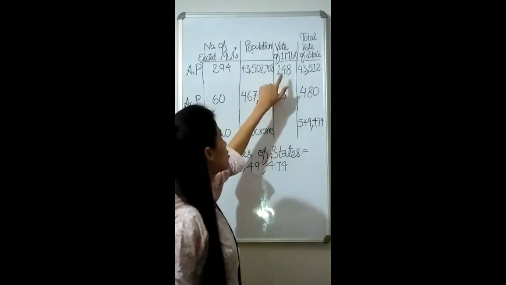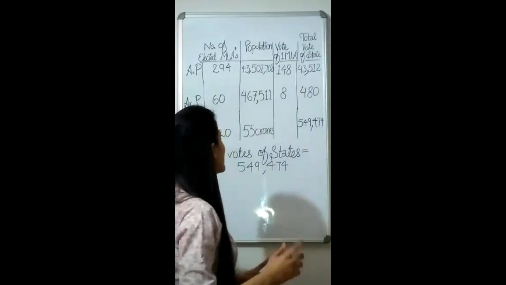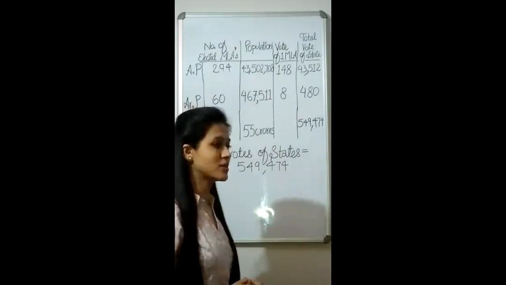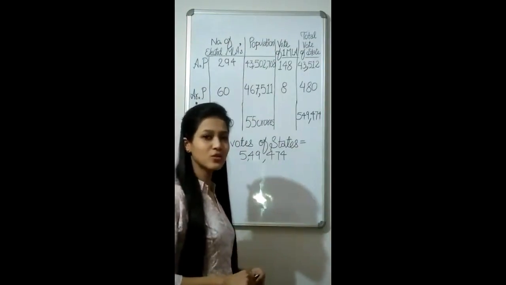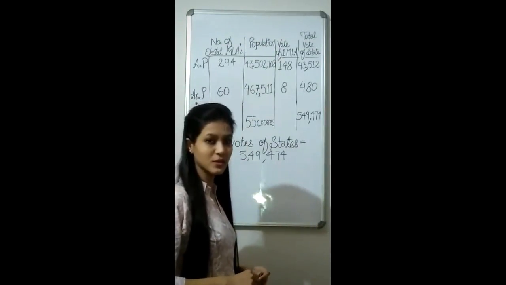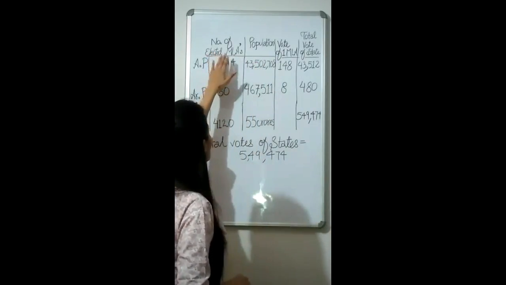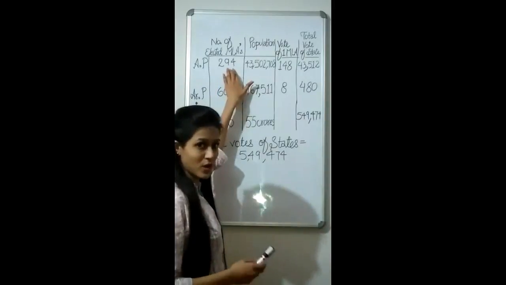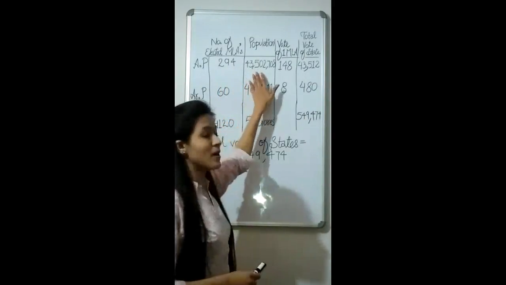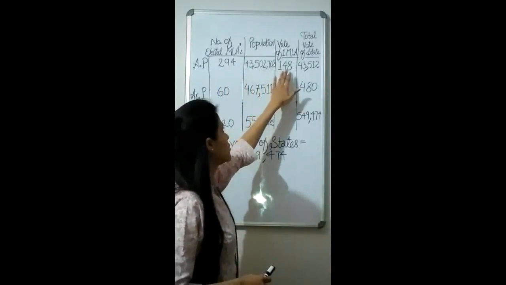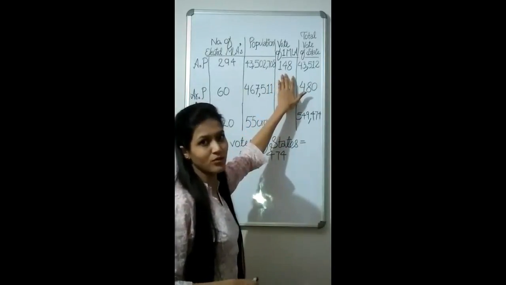Now we have to find out the vote value of one MLA in the Andhra Pradesh State Legislative Assembly. To find out the vote value of one MLA in Andhra Pradesh, we have to divide the population of Andhra Pradesh by the number of elected MLAs of Andhra Pradesh, multiply by 1 upon 1000, and we will get 148 as the vote value of 1 MLA.